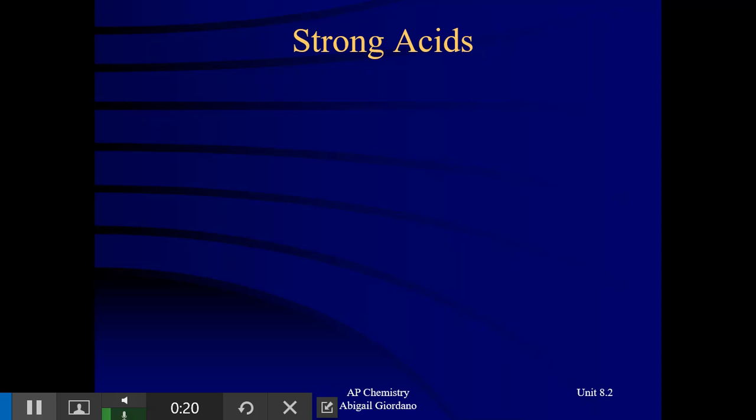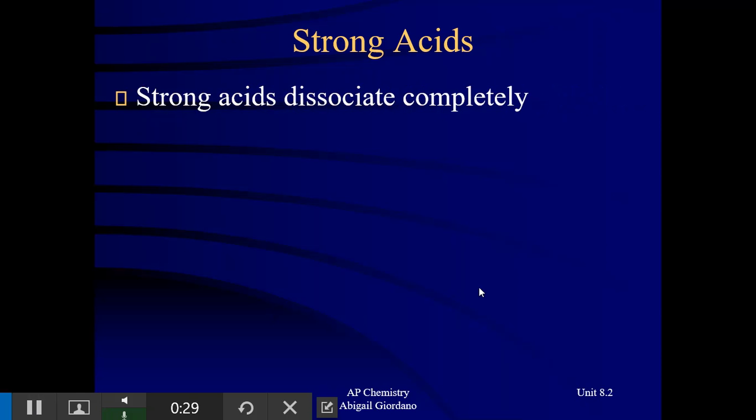All right, well, let's start off with a little bit of review of what the word strong even means in the first place. In terms of an acid, or a base, the word strong means complete dissociation, complete ionization.